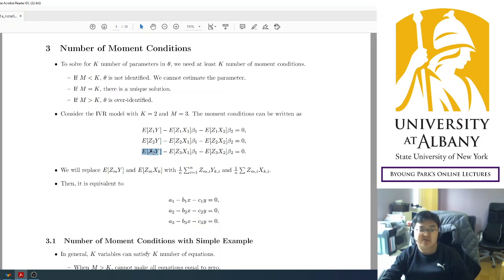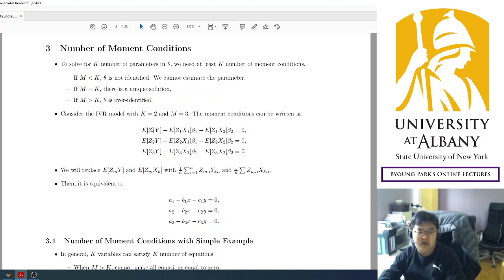Estimating these expectations is not a problem, but we have to think about the structure. There are three equations and three coefficients in each equation. Then in the end, you can think about the system of linear equations like this.